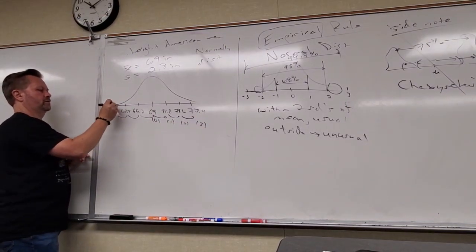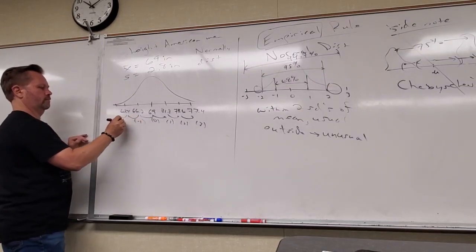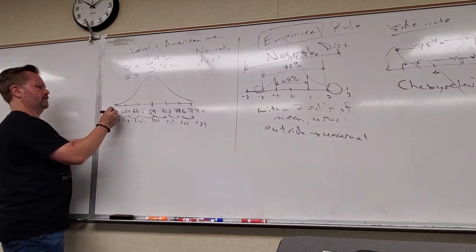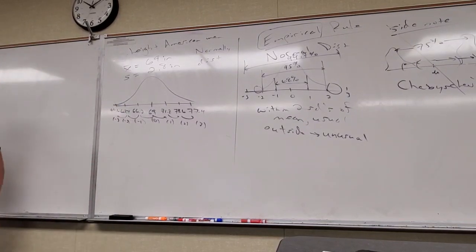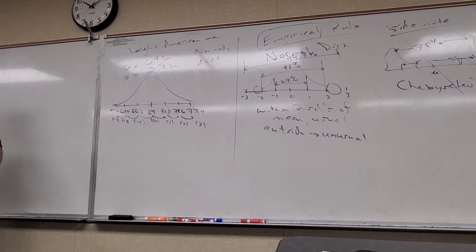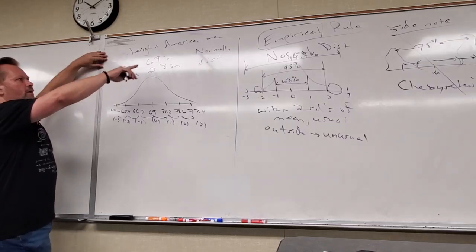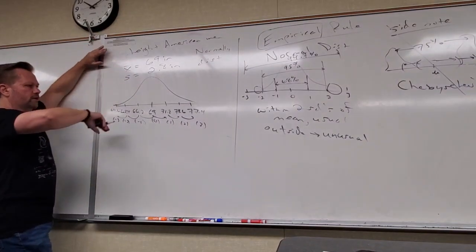Okay. And then one more step down. 60.6. Sounds about right. Okay. Is everybody with how I constructed that? I give you the mean, I give you the standard deviation. I don't know why I put an X bar. It's okay. We'll just say X bar.